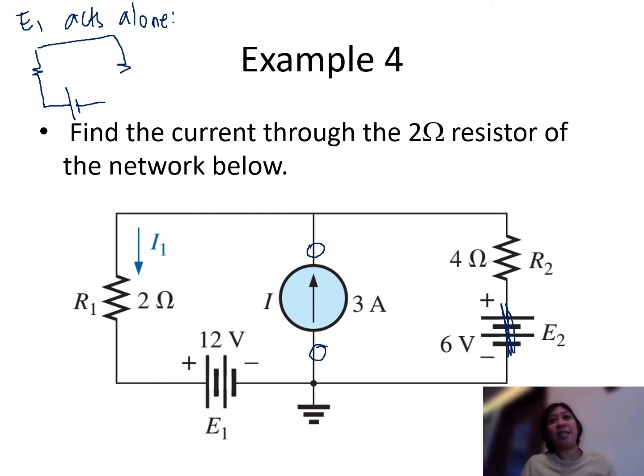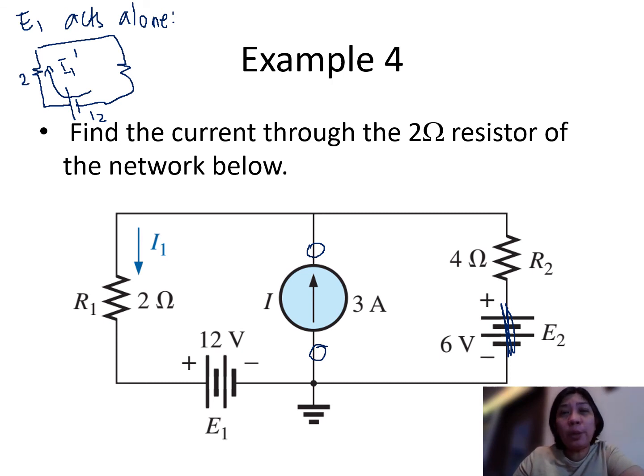Just like a simple series circuit. The direction of your current is this one, negative to the positive. Let us call this I1 prime. This is 12, this is 2, and this is 4.